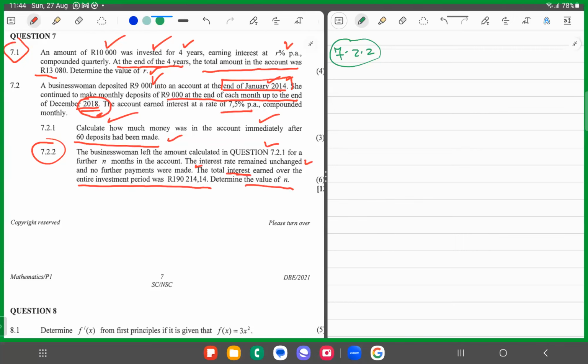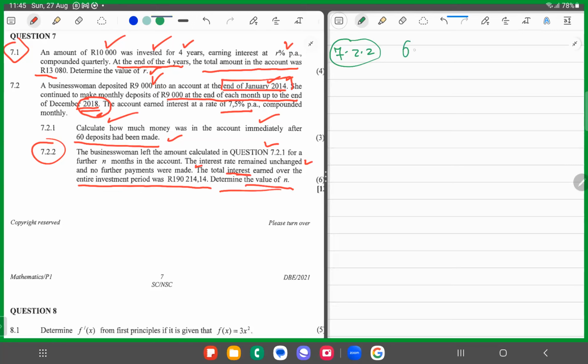Right, so at this point we realize that immediately 60 deposits were made. So if 60 deposits were made, you need to determine the value of n.